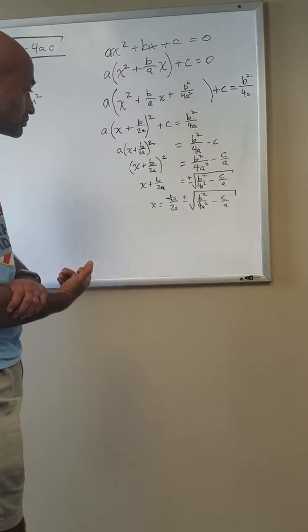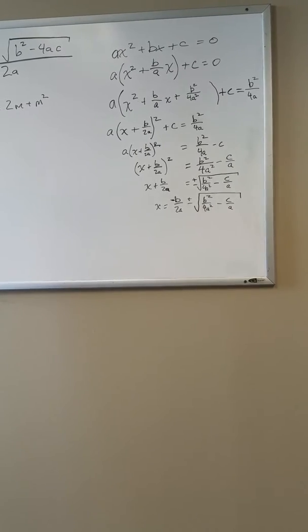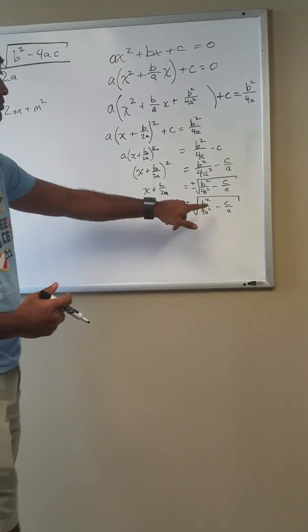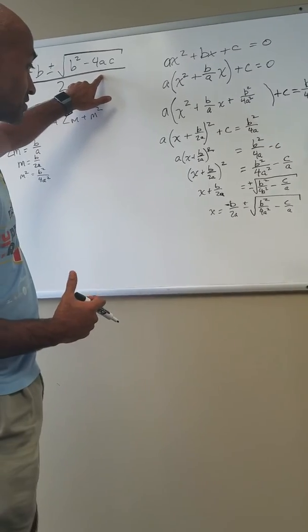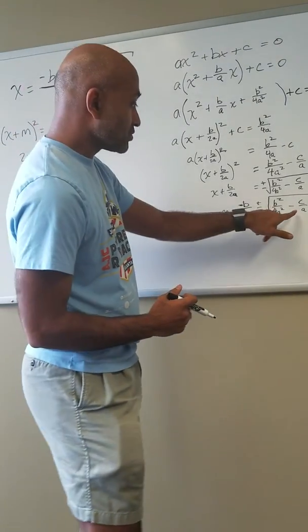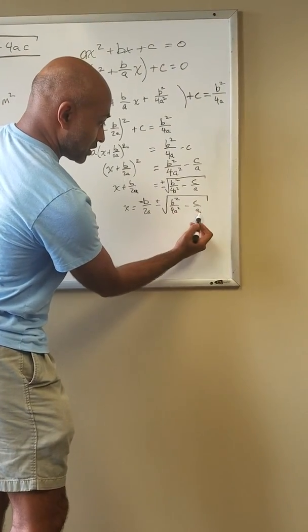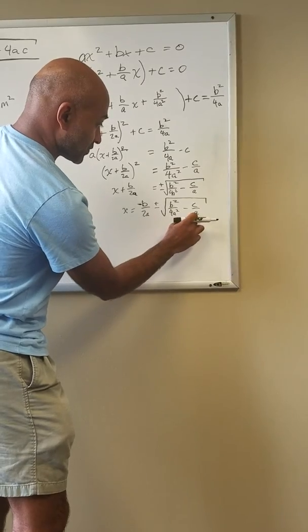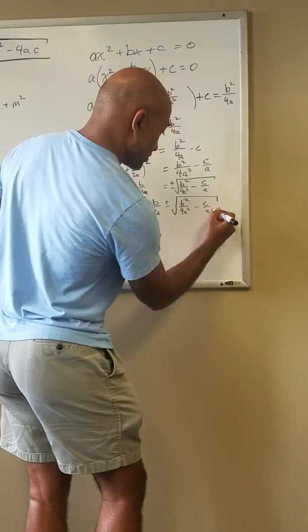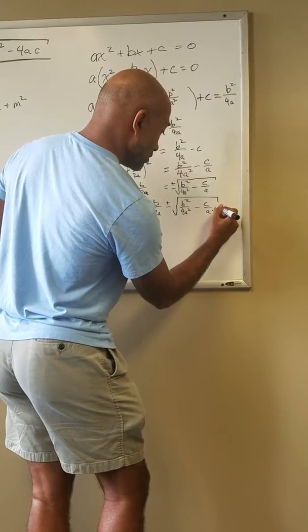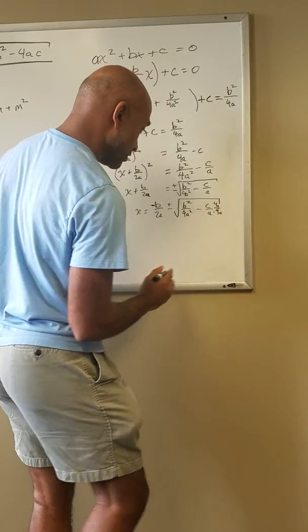And at this point, this becomes an exercise in showing that this is of the same form as this, okay? And one way we could do that is we can make the denominator here the same for this as it is over here. So we can multiply top and bottom by 4a over 4a, okay?